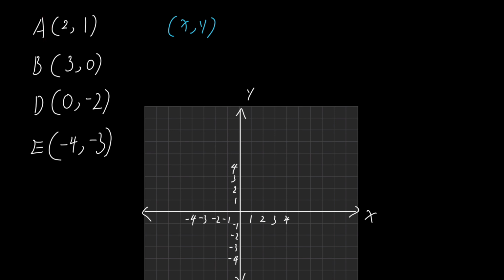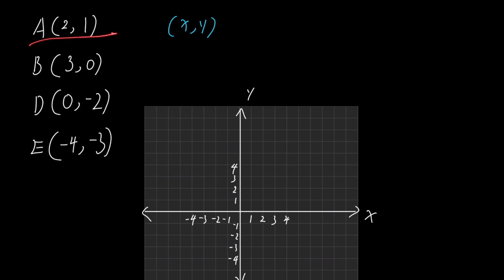It really means the name for that specific point. This parenthesis is just like an address for that point. Once you figure out that location, let's say there's the point, and I want to name it like A. This is A, and the address is 2, 1. And let's see how to find it.